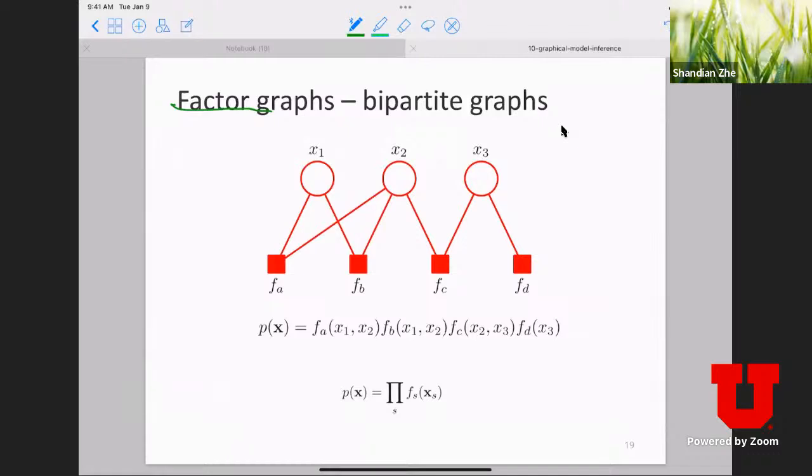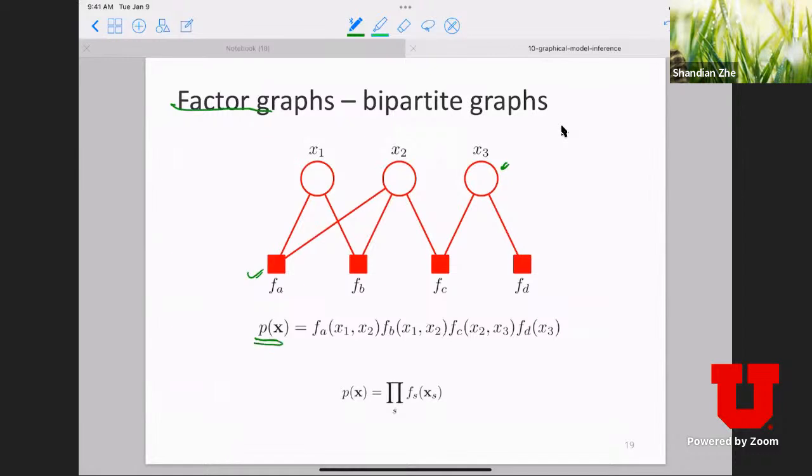So what is the definition of a factor graph? All the circles here are the random variables, like x1, x2, x3. The square nodes are the functions in a joint probability. This function can be the conditional probability as in the Bayesian network, or the potential function in the undirected graphical model. Suppose you are given this factor graph.